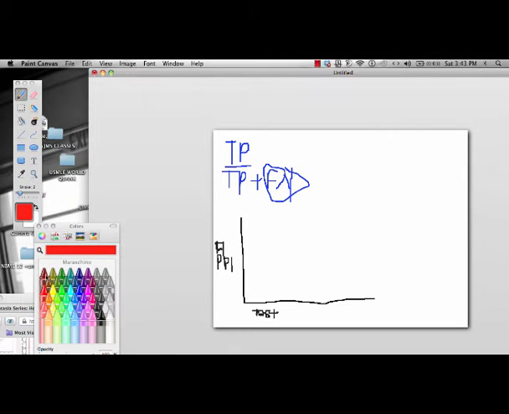Alright, so let's say that over here it's going to be all of our healthy people, right there, that'll be healthy. People who don't have tuberculosis. And over here we'll do all of our sick people. Everyone that has tuberculosis.